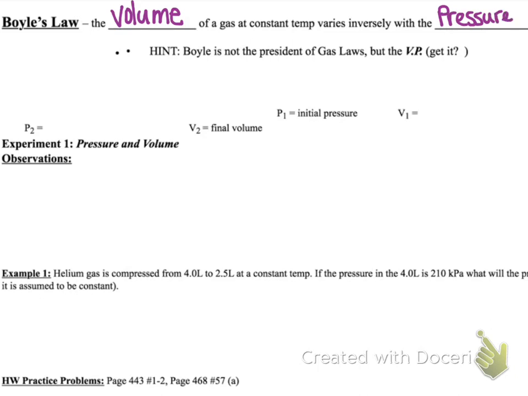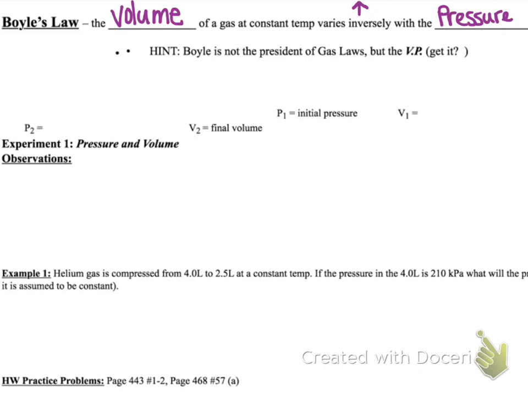So, just to clarify, when we say an inverse relationship, that kind of means opposite. So, if you were to increase one of these variables, so let's say you increase the volume.